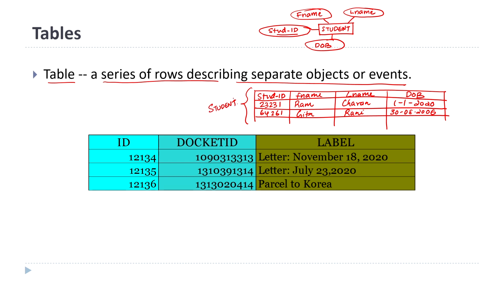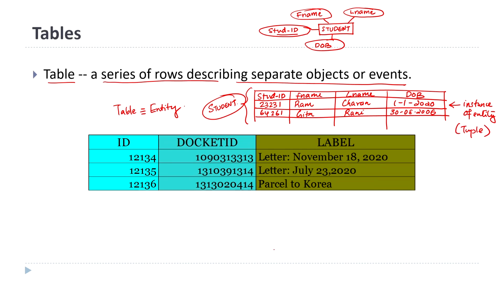So, you can think of a table as equivalent to an entity, and each row of the table is an instance of the entity. Sometimes it is also known as a tuple in some ways.